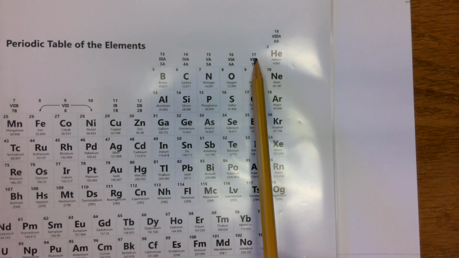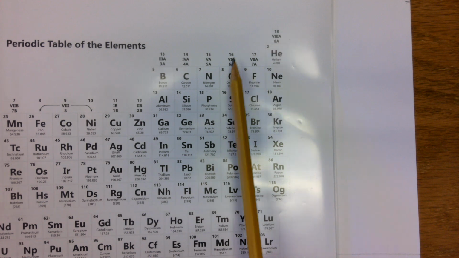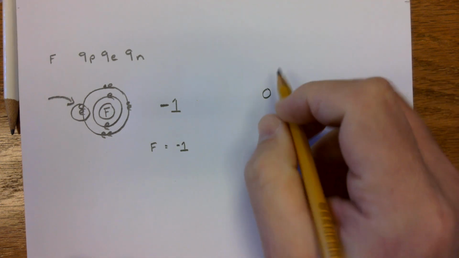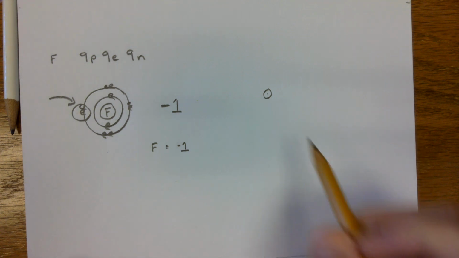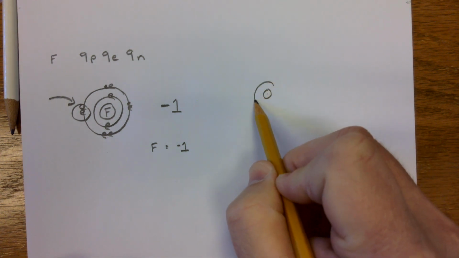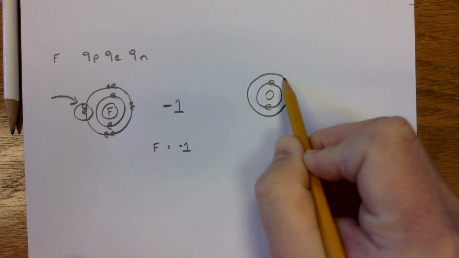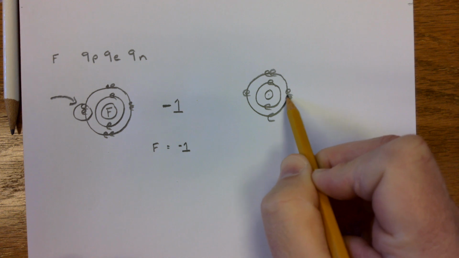So if this is -1, what do you think this one is? -2. Let's prove it. Let's look at oxygen. Oxygen has 8. I'm going to put a dot in the middle just so it doesn't get confused. That's an O. Oxygen has 8 electrons. So 1, 2, 3, 4, 5, 6, 7, 8.